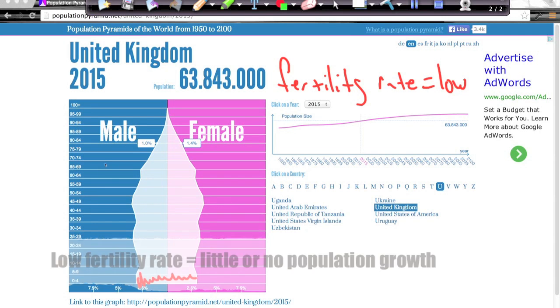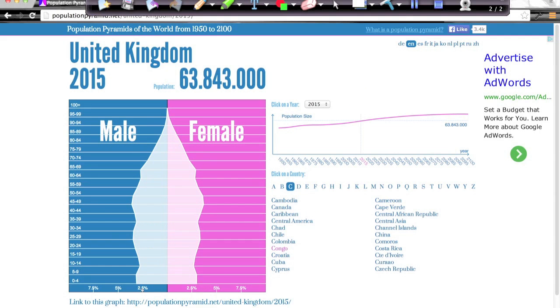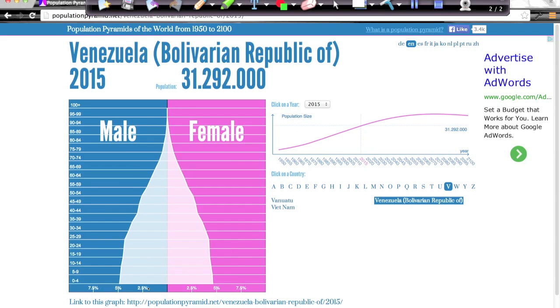And again, we know that. Alright, so this country is developed. Alright, let's look at another developing or less developed country. We're going to look at Venezuela. So Venezuela, you can tell the fertility rate is higher. It's obviously not as high as Sudan, which we looked at earlier, but it is very high.